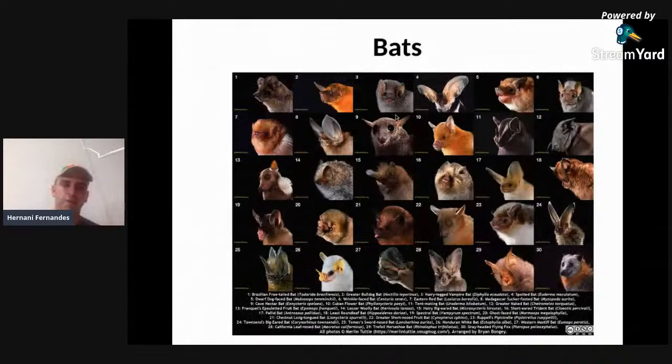So they're a very interesting group of animals to study, simply because they can be easily sampled. You can find them anywhere, and they have a lot of different adaptations, which makes them interesting to study in many different contexts.